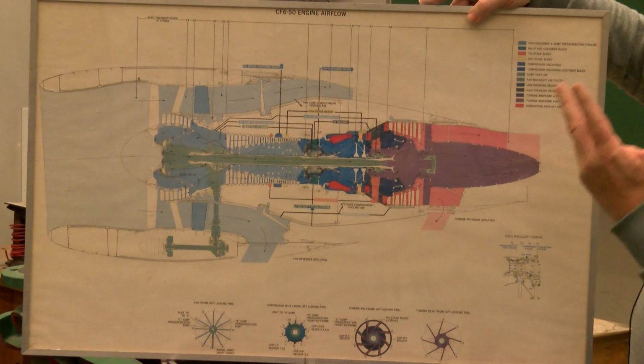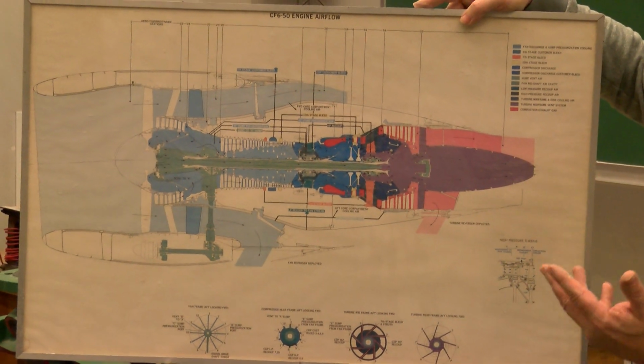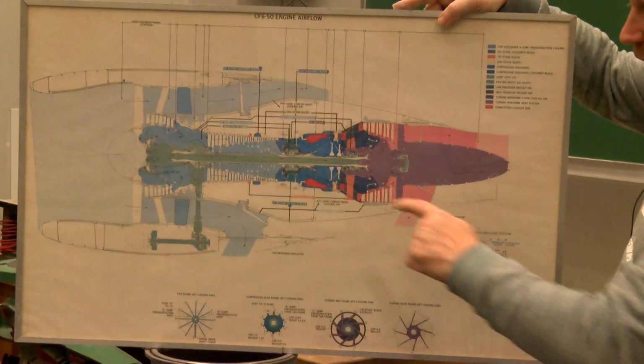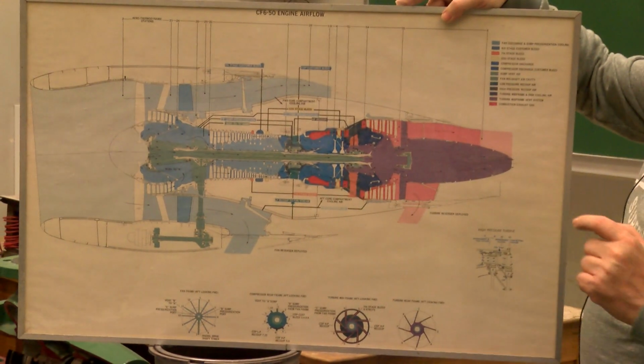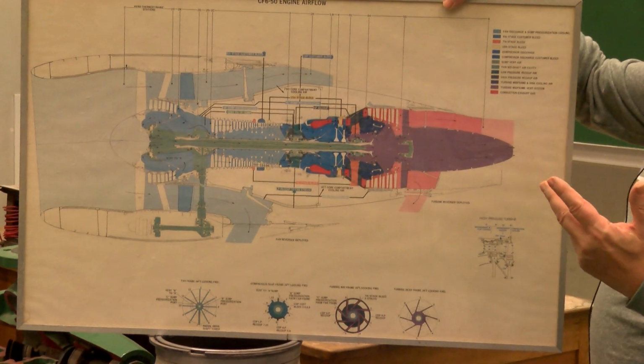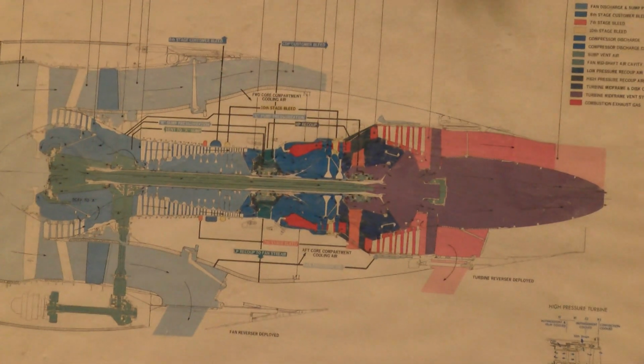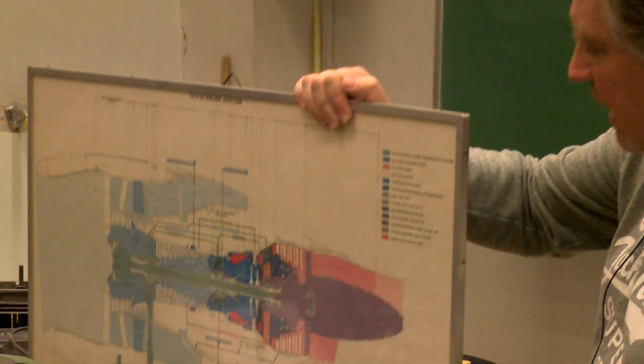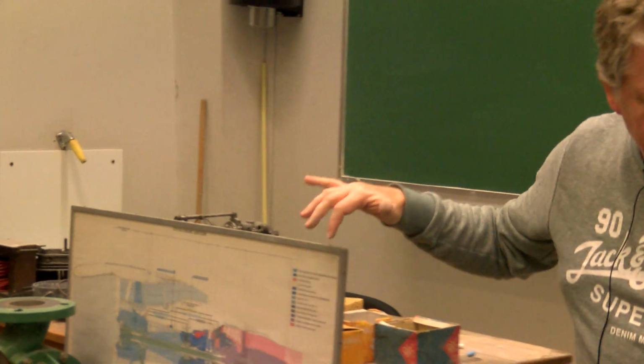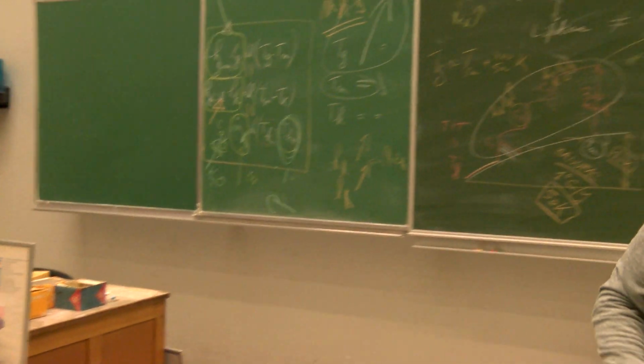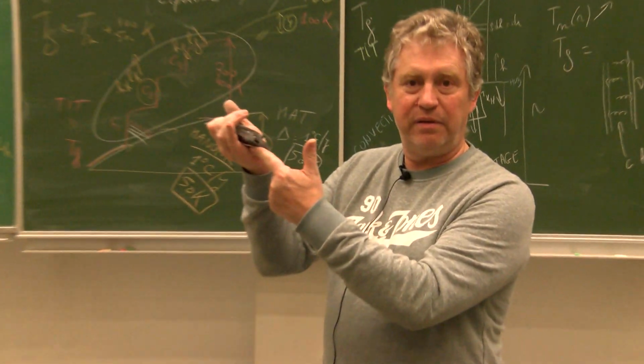So there is little space to put this passage for the cooling air from the compressor to the turbine, especially for the blades, the rotating blades. Because for the rotating blades, you need absolutely to bring the air from the root.